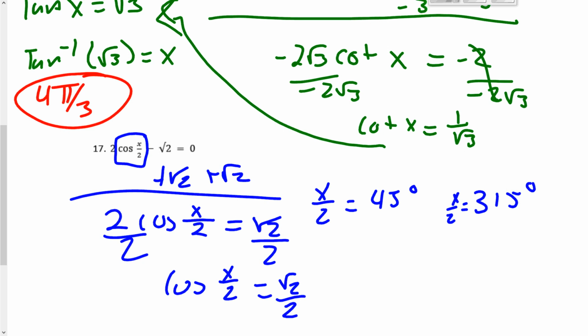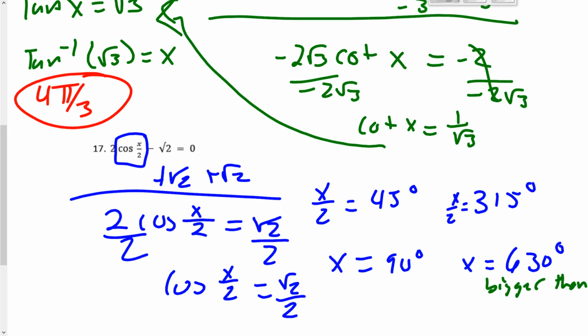That means we times it by 2, so x would be 90 degrees, and x would be 630 degrees. But since we're looking for just from 0 to 2 pi, we don't need this one because it's bigger than 360. So we just need this one at 90 degrees.